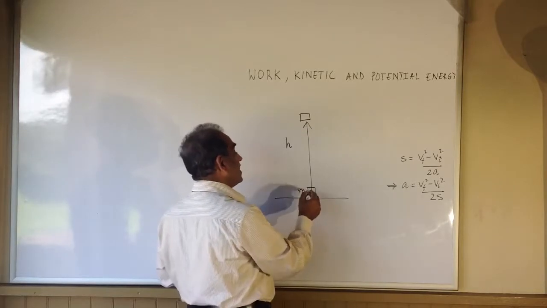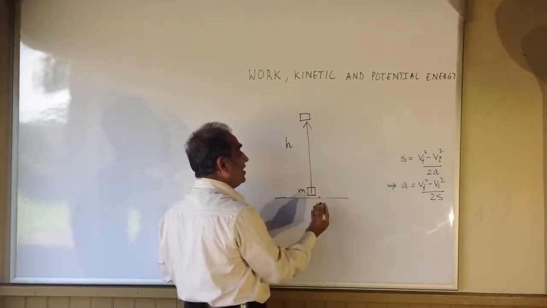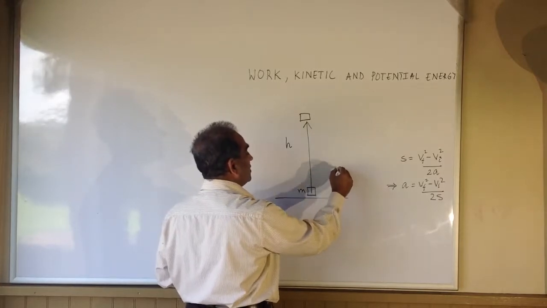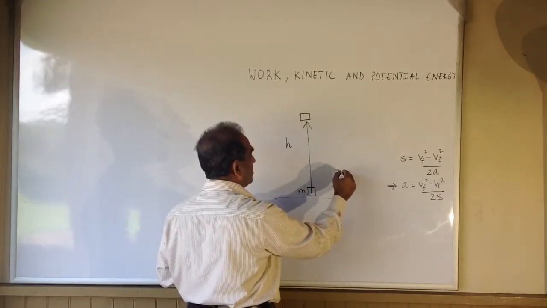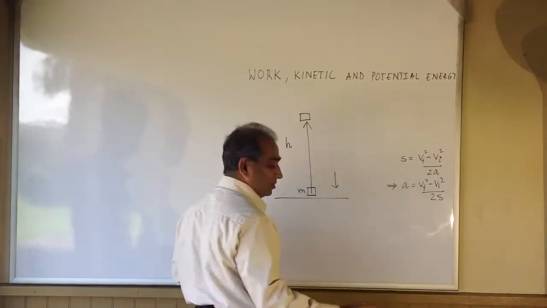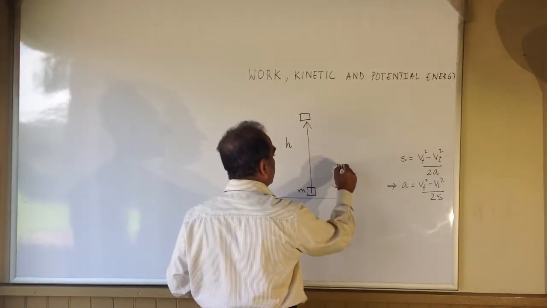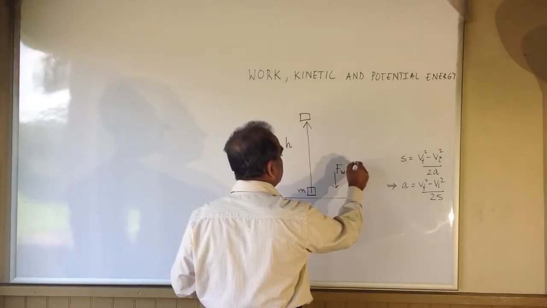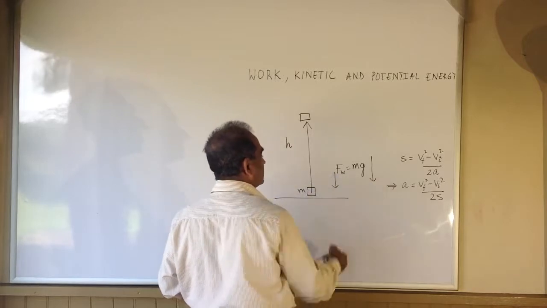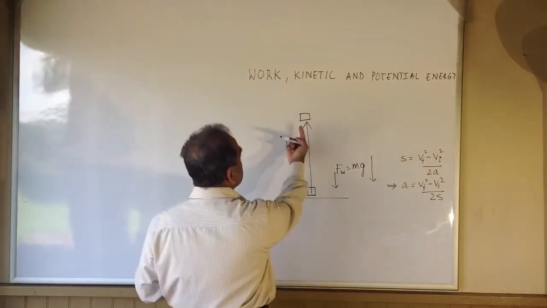Then this mass, while you're displacing, has a weight which is acting downwards. The weight of the body is acting downwards, we'll call it Fw so that you're not confused with W. So the force of weight is equal to mg and is downwards. But the displacement h is upwards.